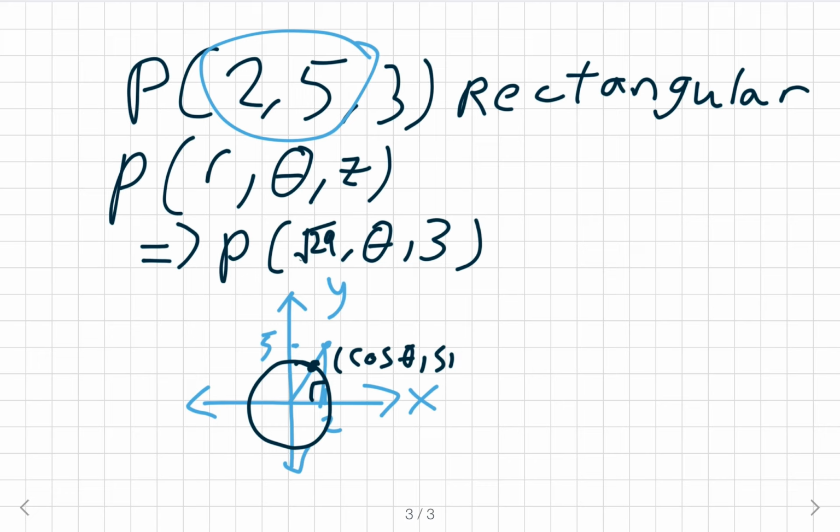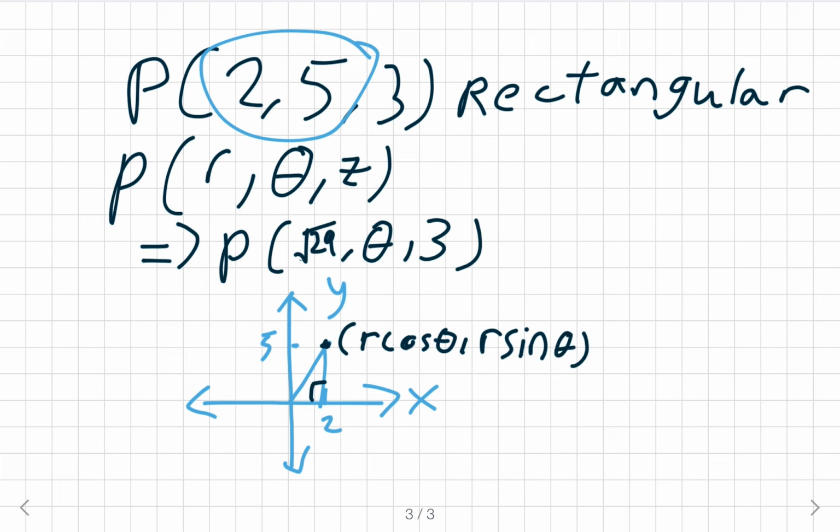And now that r is not equal to 1, the radius is not 1, the coordinates of this point are r times cosine theta and r times sine theta. So we know our r already, and we also know the value of this because it's just the x coordinate.